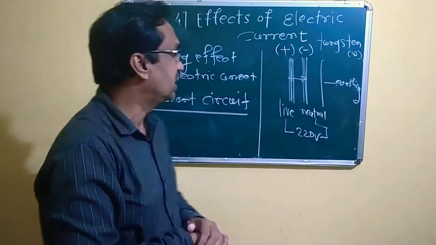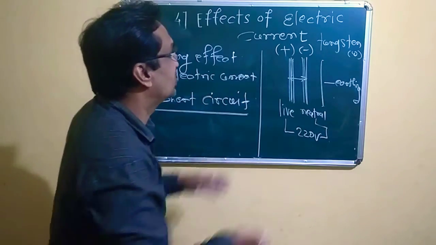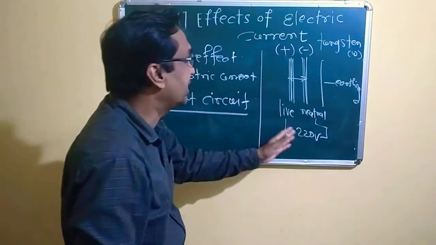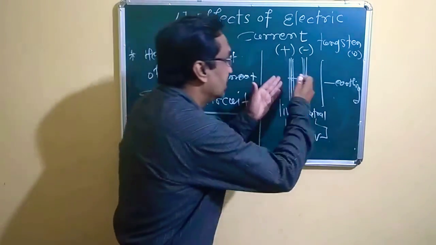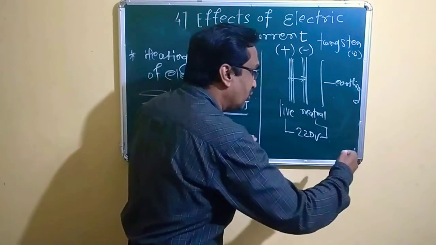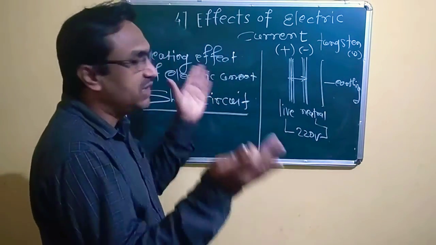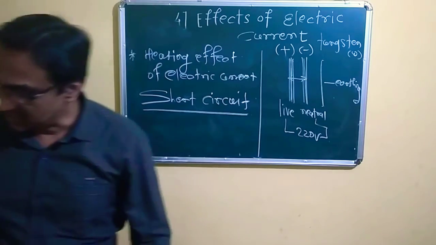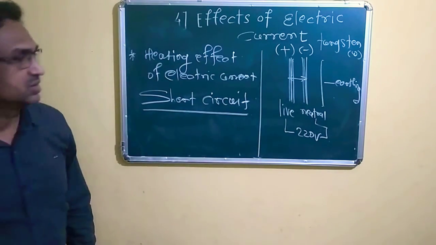So the short circuit means the positive and negative terminals, that means live wire and neutral wire, which have a potential difference of 220 volt, are in contact with each other, so a large amount of current is flowing through the circuit.